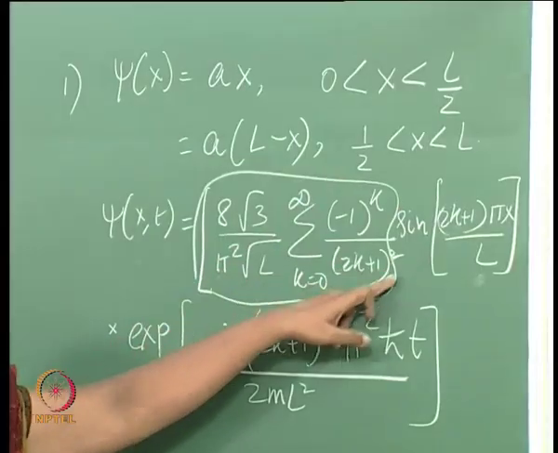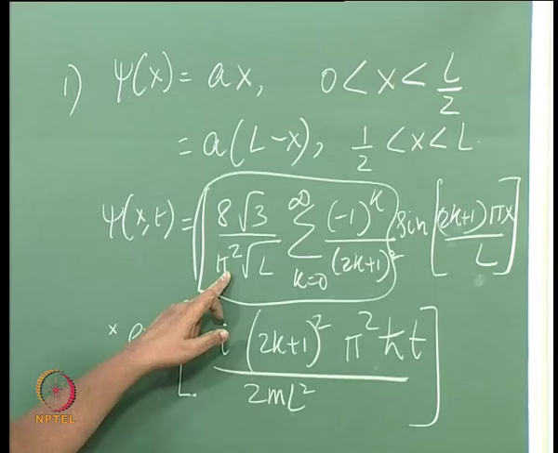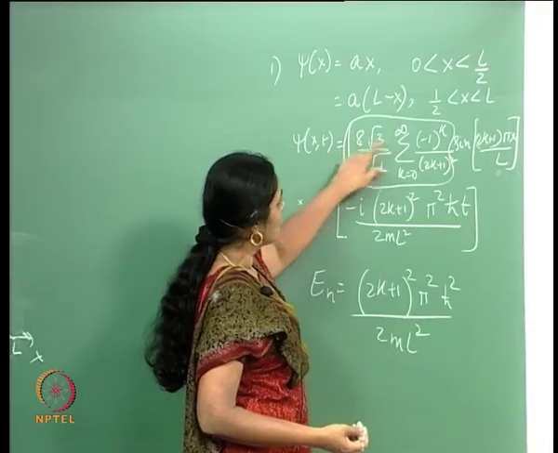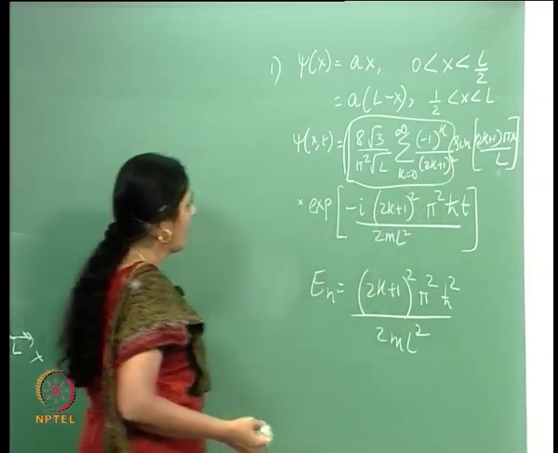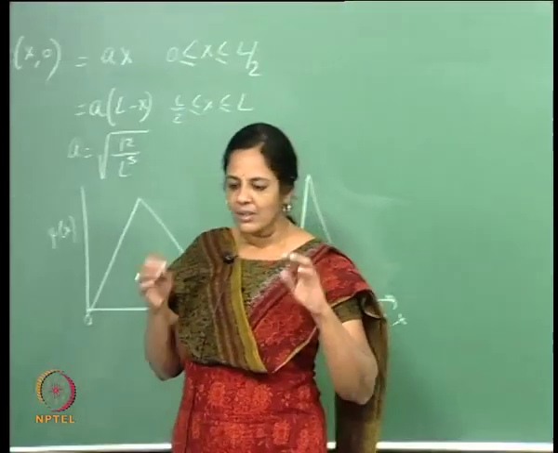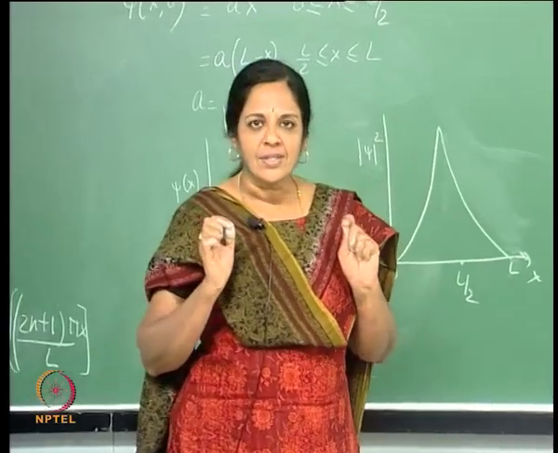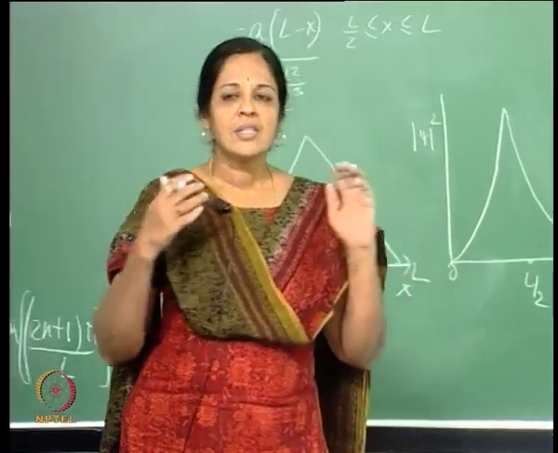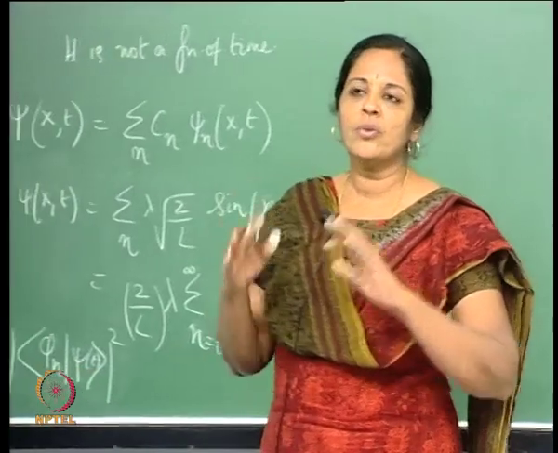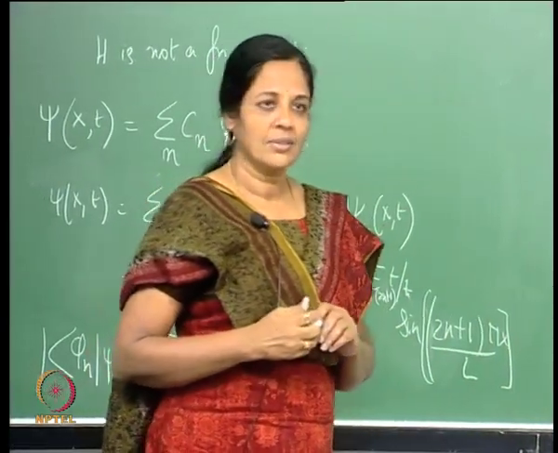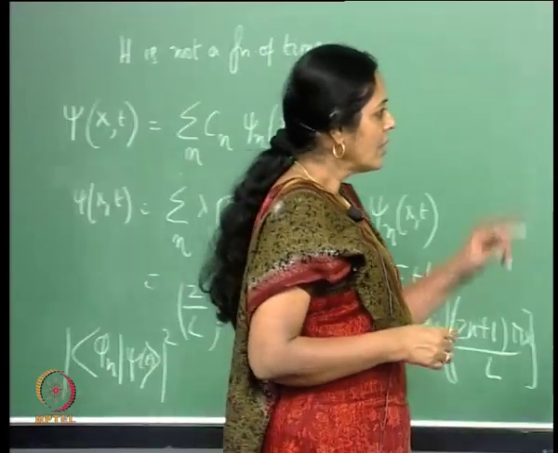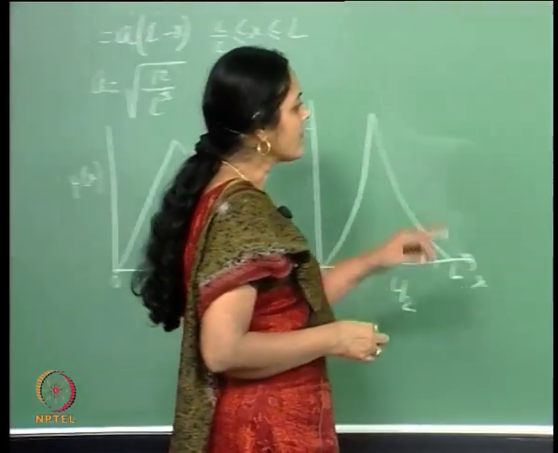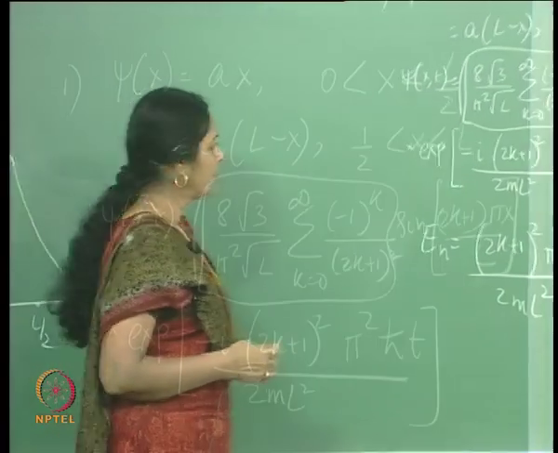The Cn's, it is mod Cn squared which is going to give us a contribution, and that object is independent of time. Therefore, the probability density for psi of xt to be one of the energy eigenstates is independent of time. That is what we get as a result for this problem.